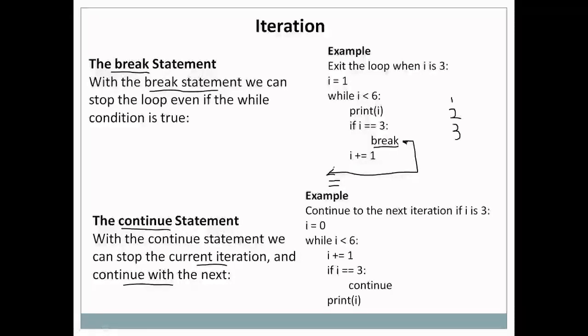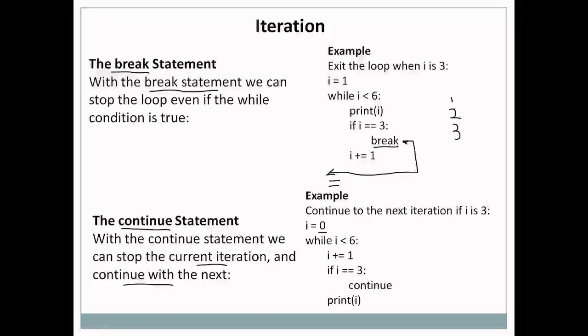Okay, the next continue statement example, look at this example. We have a value, that is I is initialized with 0, then we have I is less than 6, then I plus is equals to 1. We are incrementing the value of I here. Then we are checking if I is equals to 3, and if it is equals to 3, we are simply continuing.